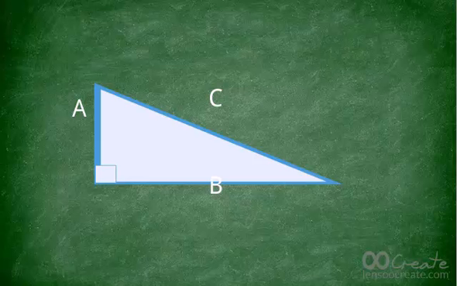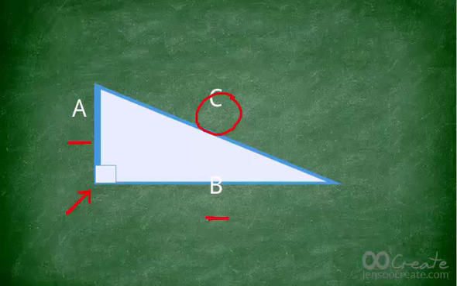So the Pythagorean theorem, as you probably know, says that if you have a triangle with a right angle in one corner, then you can figure out how long the longest side is opposite that corner based on how long the other two sides are.